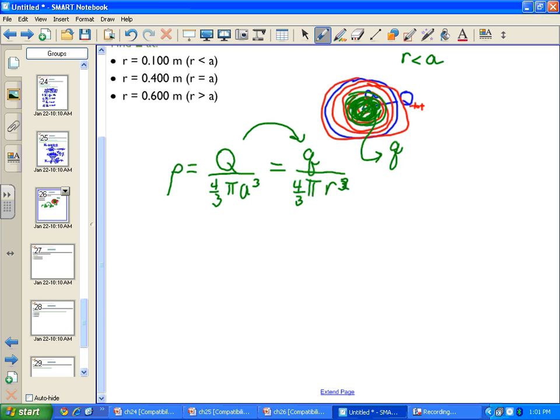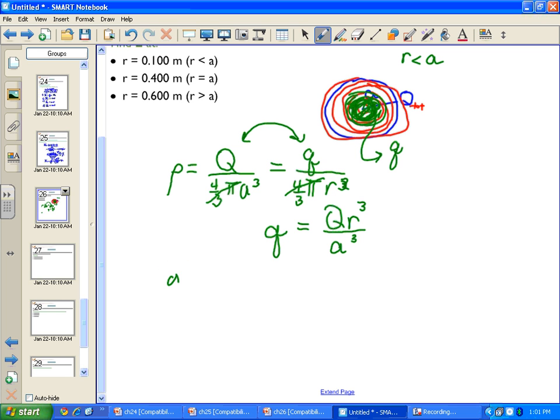Since these two ratios are equal, we can now write q in terms of big Q, the total quantity of charge which was given to us. So we divide out the 4/3 pi, since it's common to both sides, and we write big Q times r cubed divided by a cubed.